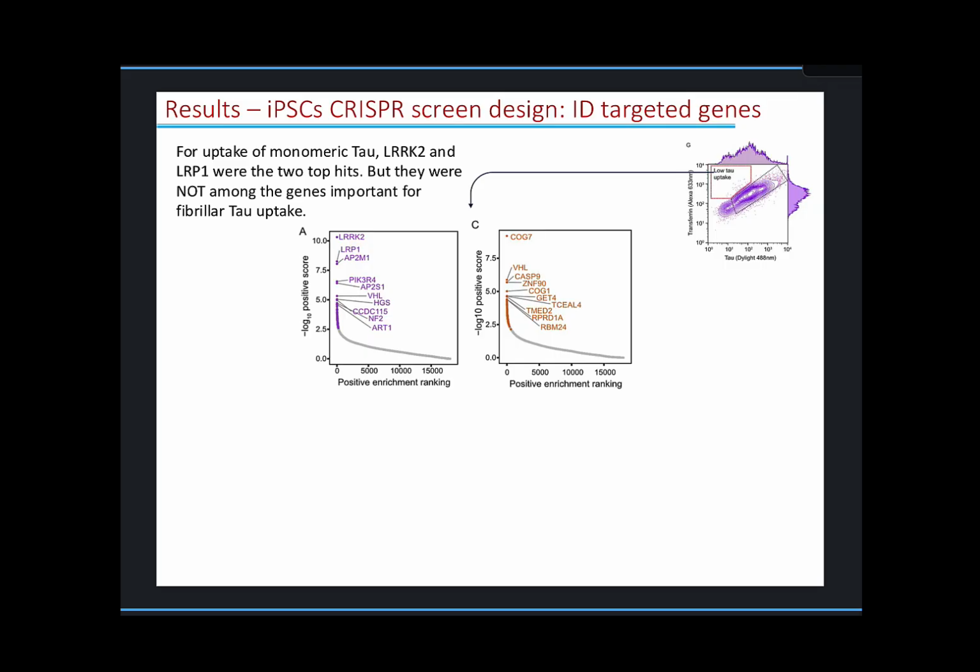And because you're doing something many times, and then you see a given outcome many times as well, you can run some statistics, and these genes that are color-coded purple here are the ones that passed some sort of significance test, meaning that those genes were overrepresented in the population of cells that were bad at taking up monomeric tau. And by contrast, these were genes that were overrepresented in the cells that were bad at taking up fibrillar tau. Okay?